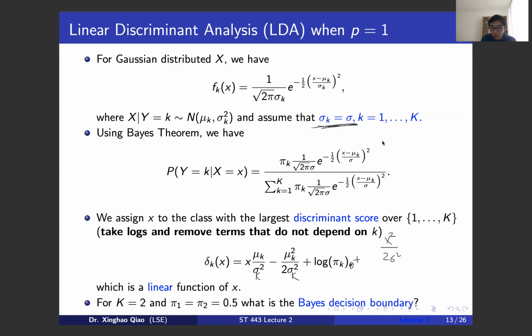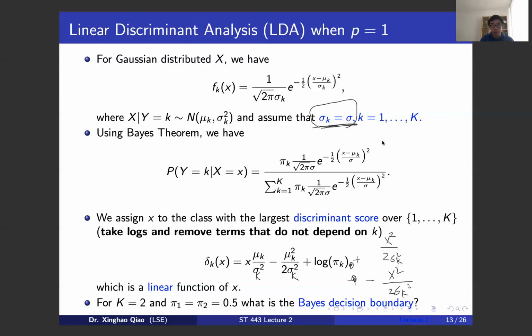But if we do not have this assumption, then this sigma k will also depend on k. From that perspective, we need to also include the quadratic part, that is, minus x squared divided by 2 times sigma k squared, okay?